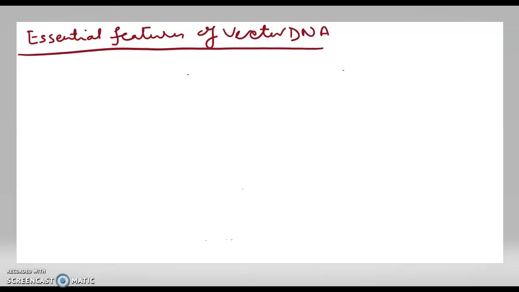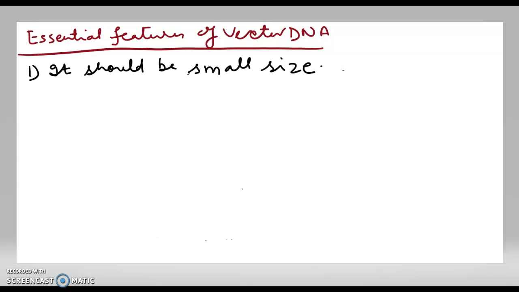The first most important thing is that it should be of small size. As we know that vector DNA is to be transferred into host cell. So why should it be of small size? So that we can easily transfer it into host cell without any breakage.